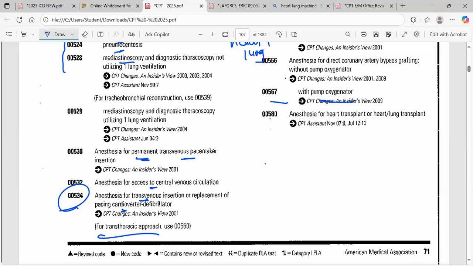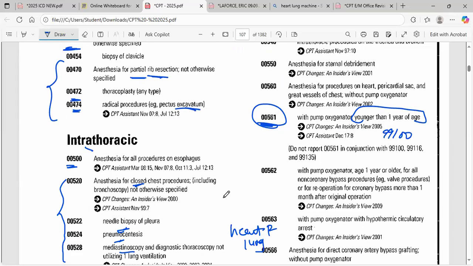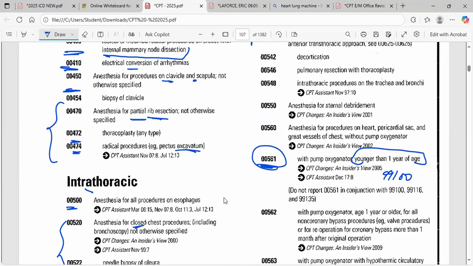And this is the pacing of the cardioverter defibrillator. And if the same procedure is done with the transthoracic approach, you are going to use the code 00560. So you can see here, this is the anesthesia for procedure on heart, pericardial sac, and the great vessels. We are going to use this procedure code when the procedure has been performed with the transthoracic approach.